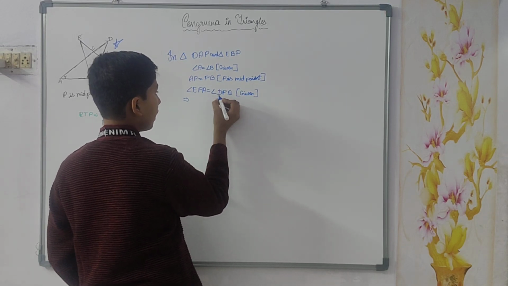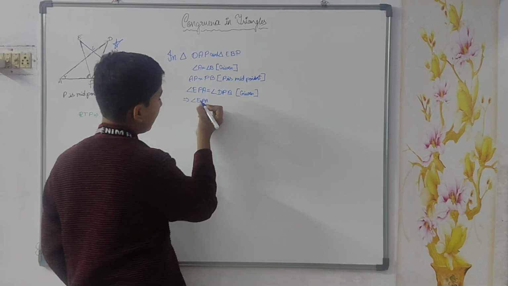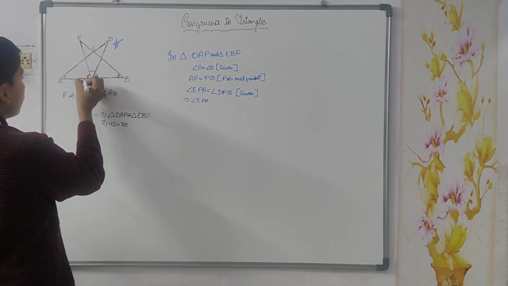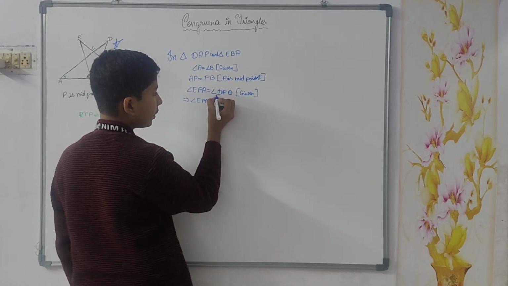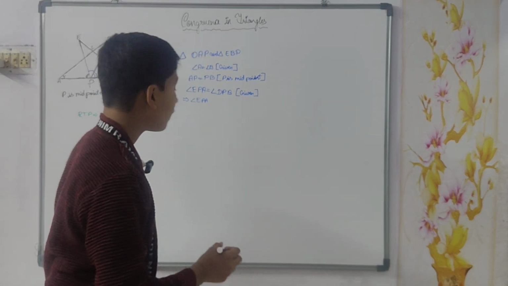Next, angle EPA. Now you see, if we add this one angle in both of them, they will also be equal, because they are equal. So when equals are added to equals, the results are also equal.